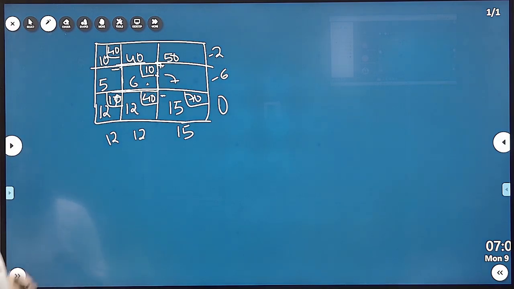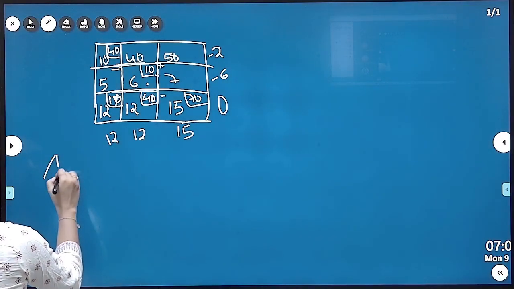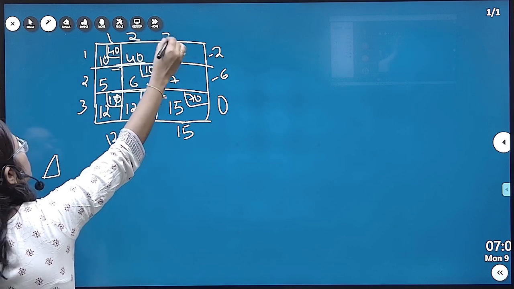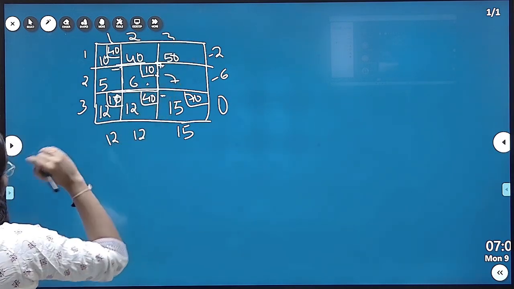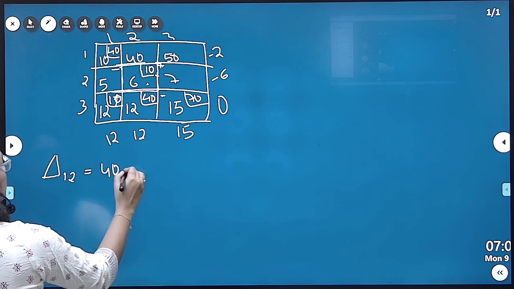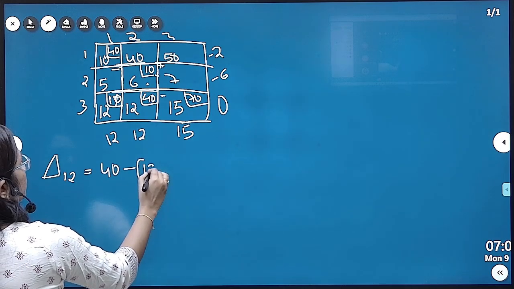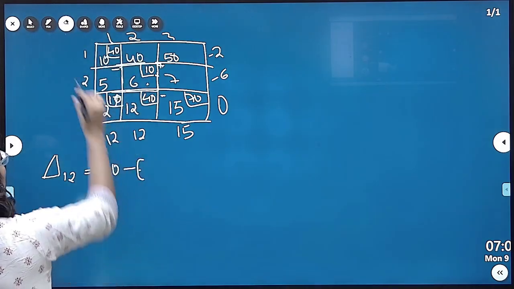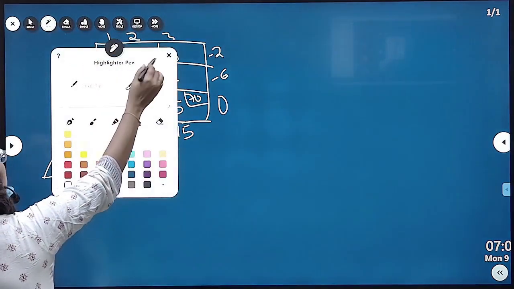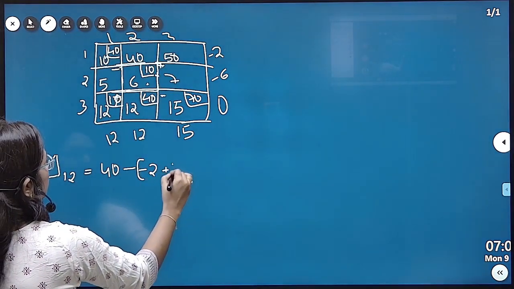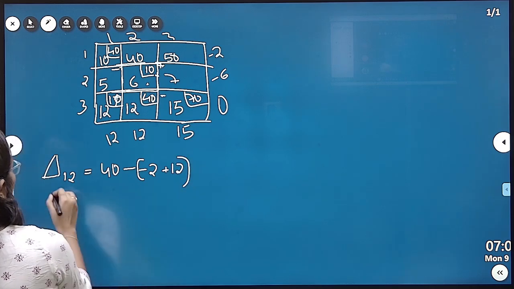So tell me the delta values. Delta 1 2 is equal to 40 minus 2 minus 2 plus 12.